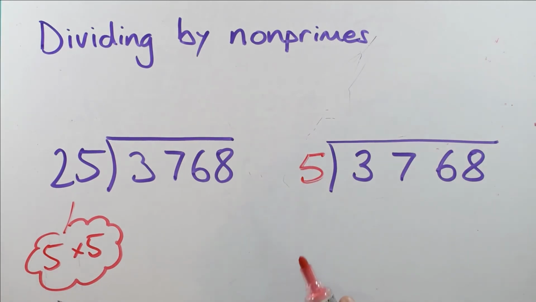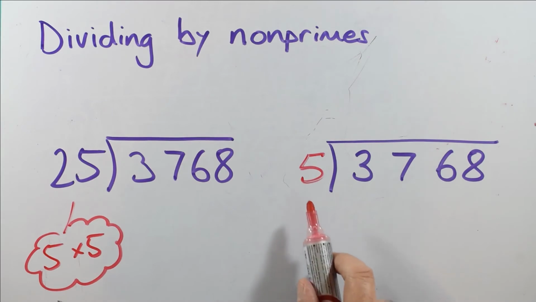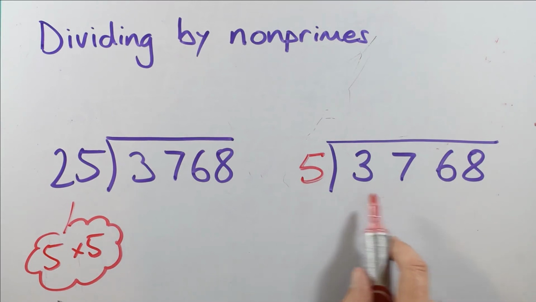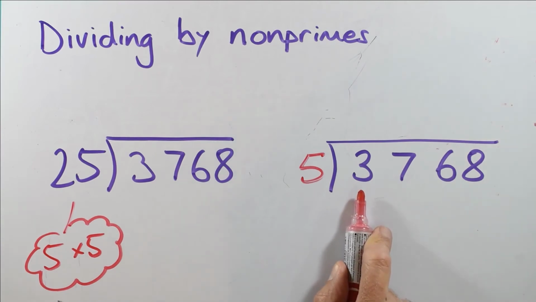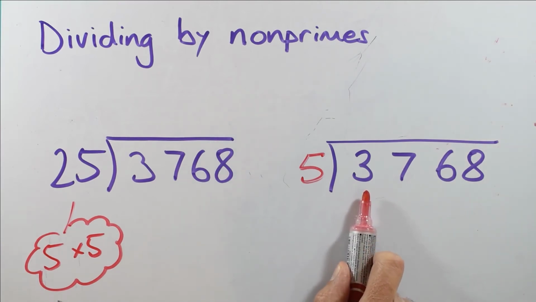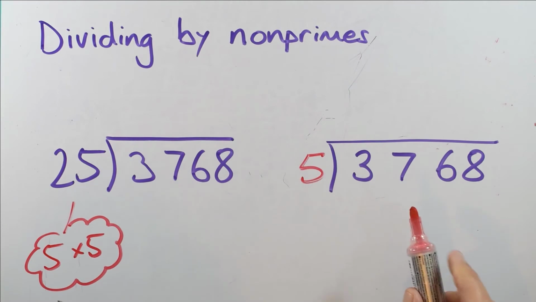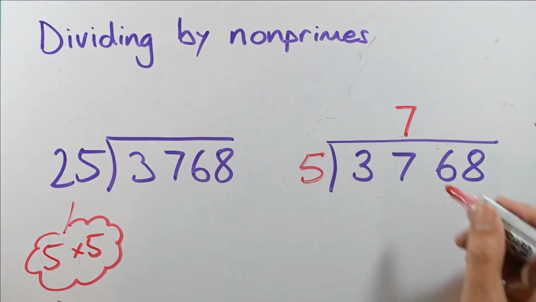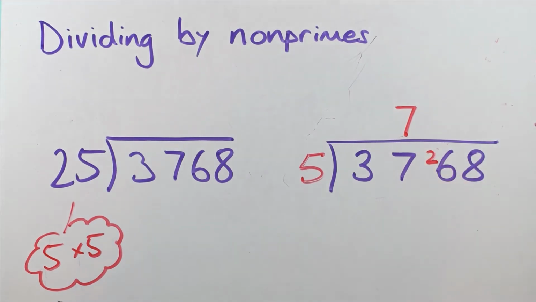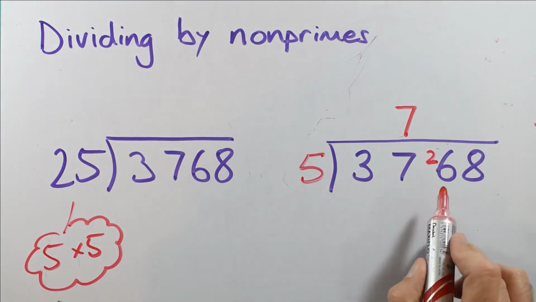Then we'll say, alright then, well, we're going to look straight at 37. We won't even bother saying it doesn't fit into 3, that's obvious. 35 is the closest thing we have there, so 5 fits into 35 7 times, and we've got 2 left over, which goes right next to that 6 there.